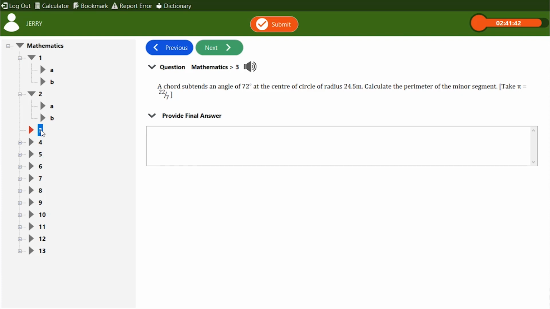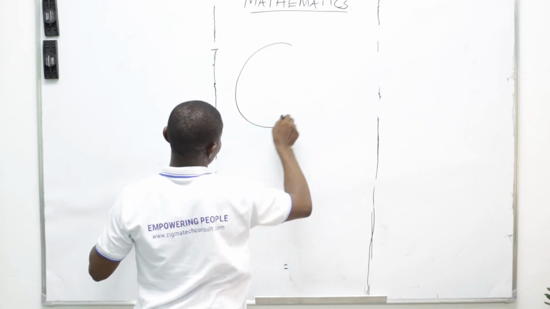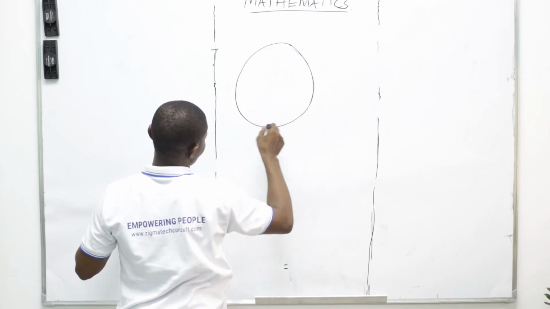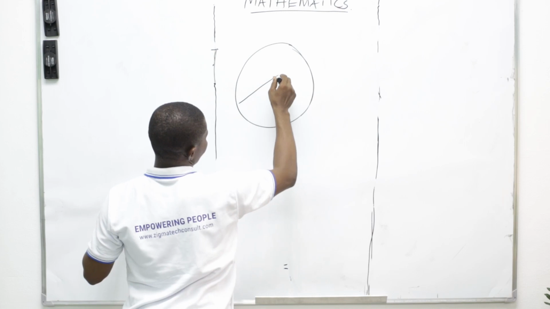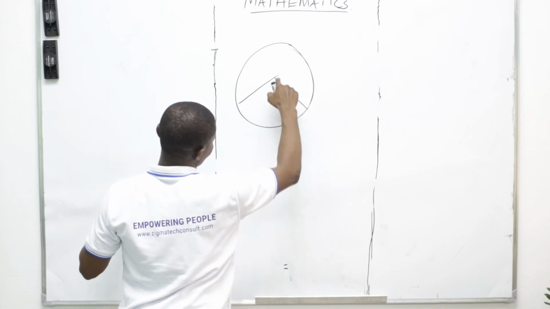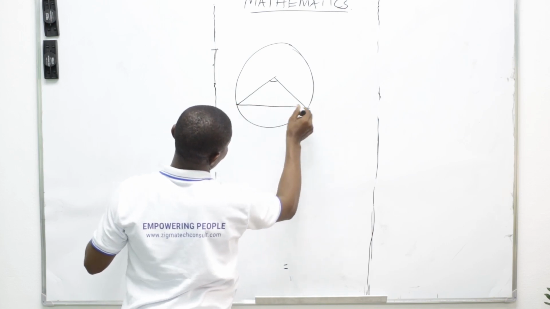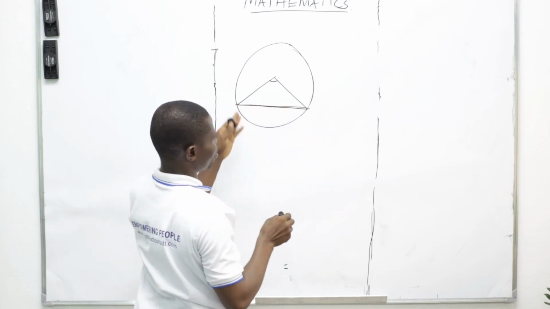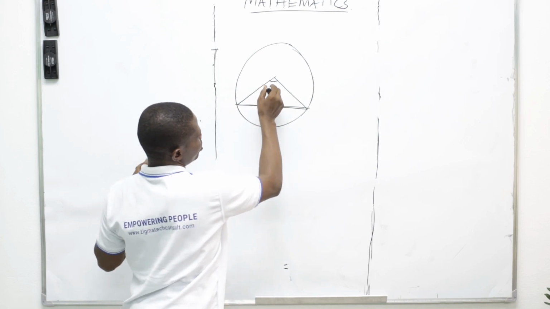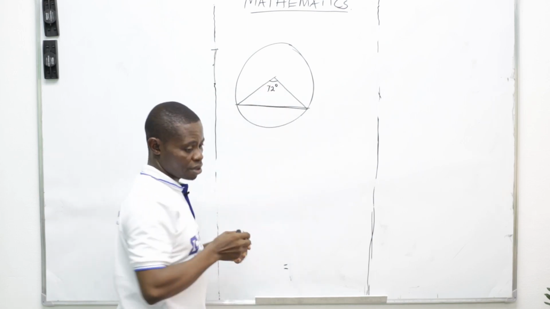minor segment. Remember, there is a difference between a minor segment and a major segment. If you are dealing with minor, it means you are dealing with an internal angle. When maybe you have something like this, the angle here is minor. You create your chord, meaning here is 72 degrees.